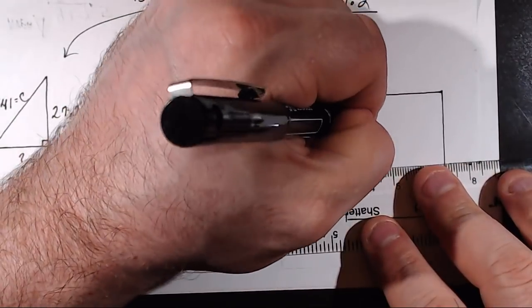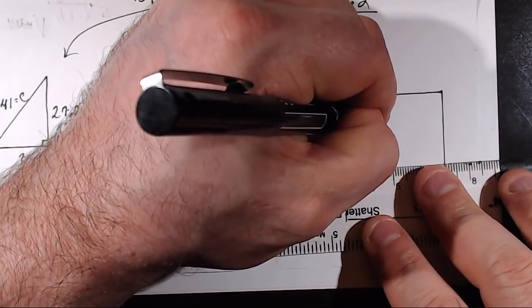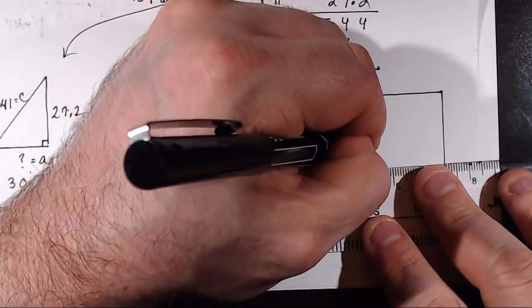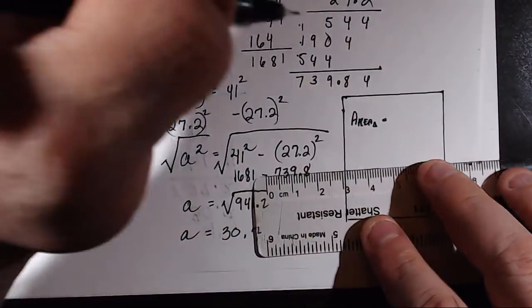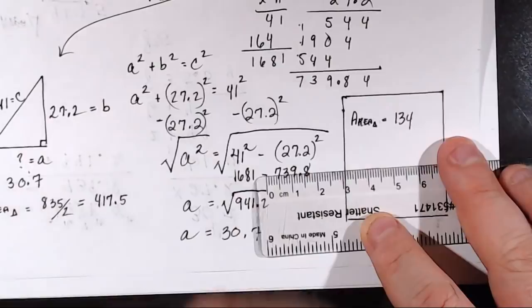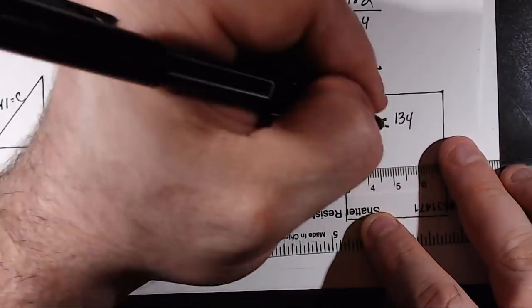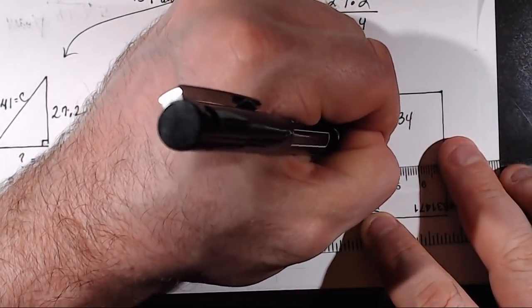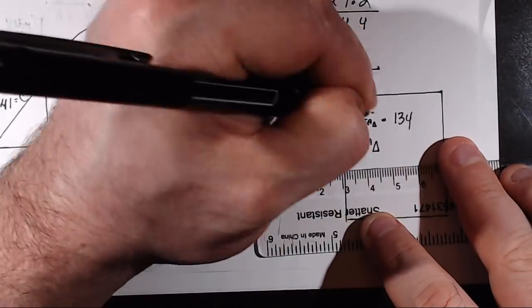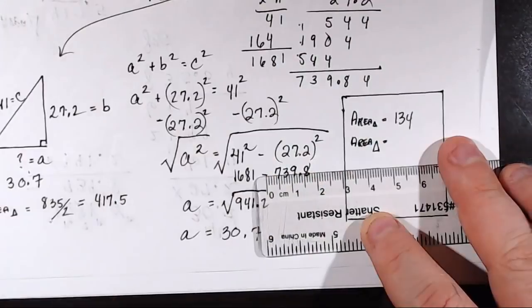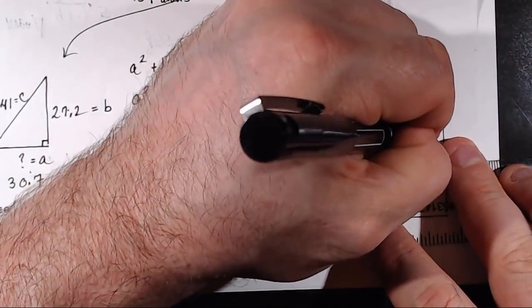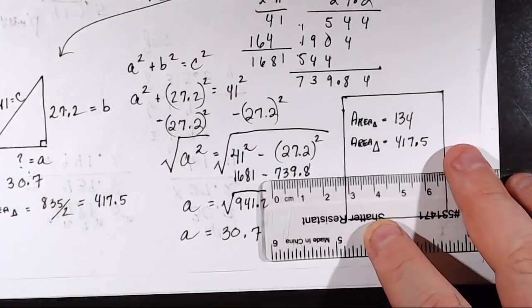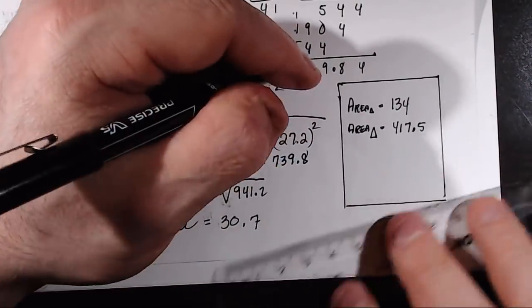So we have the area of the tiny triangle, which is equal to 134 units rounded. And then the area of the bigger triangle is equal to 417.5. Right, so we want to know the total area.